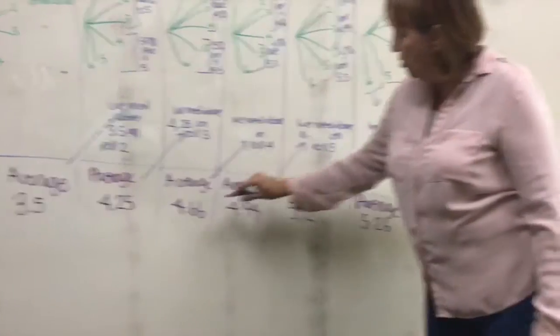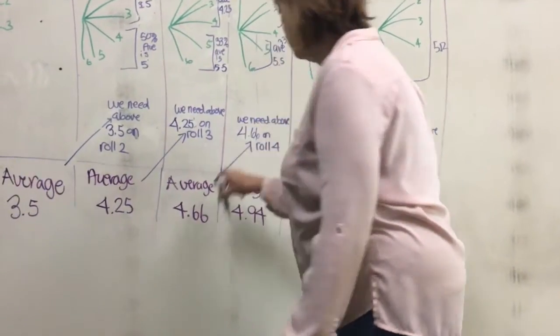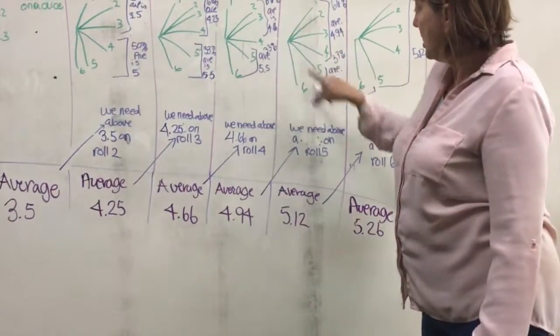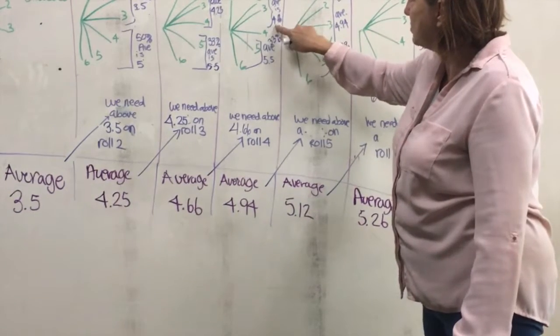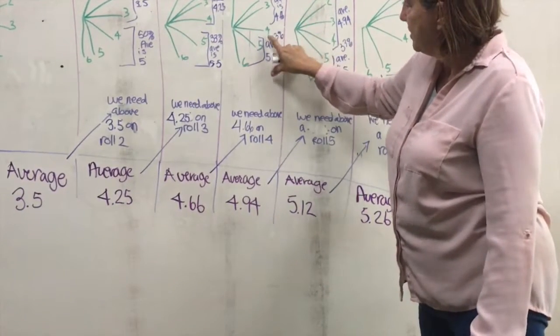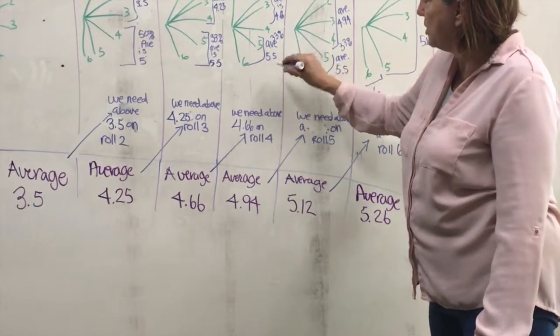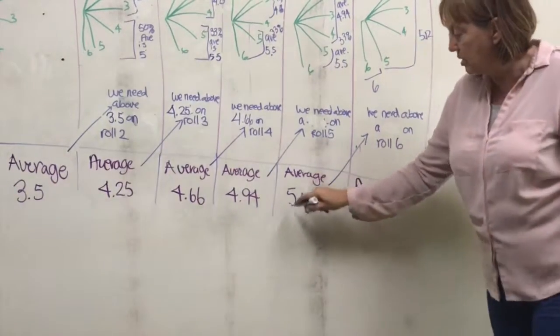On the fourth roll, we need above a 4.66 average. And in order to get our next average, we take 66% of this 4.66 and 33% of these two numbers, 5.5. So now our new average is 4.94.